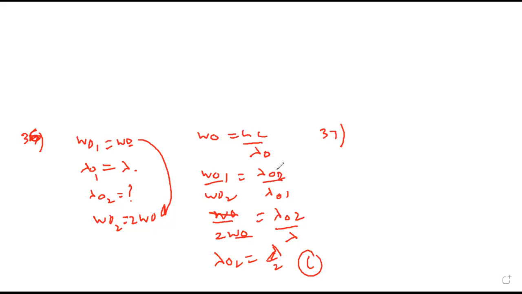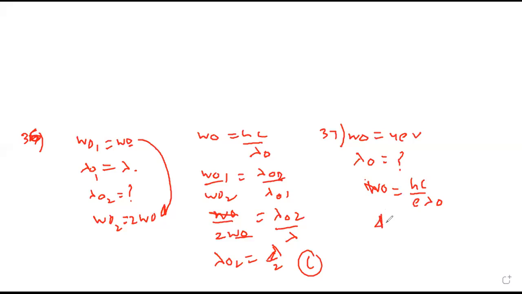Work function of a metal is 4 electron volt. For the emission of photoelectron of zero velocity, zero velocity means just emitted. So lambda 0 we want for zero velocity. Same concept: work function is hc upon lambda 0, in electron volt.